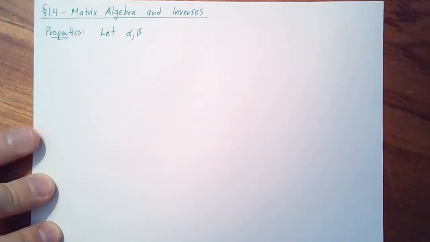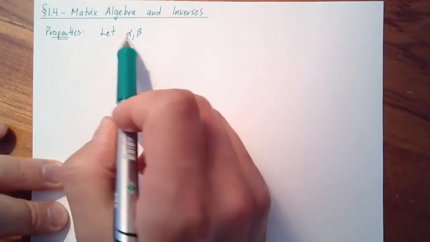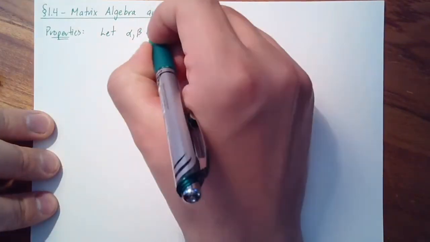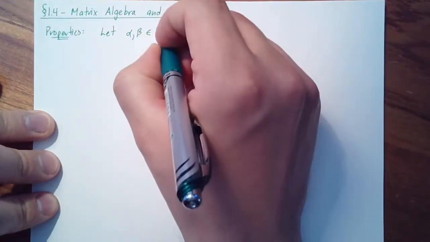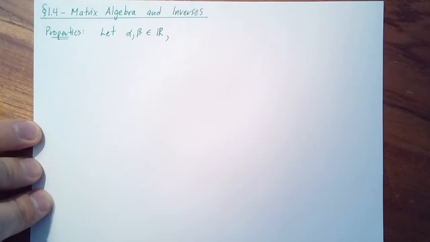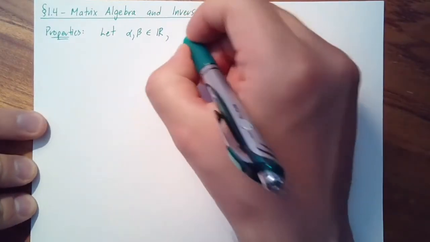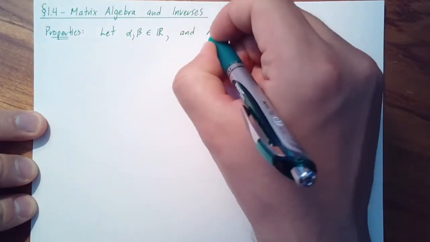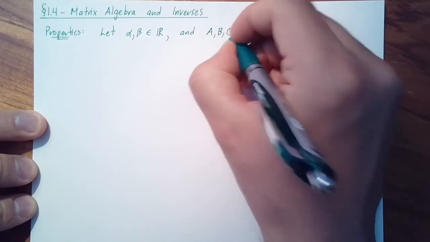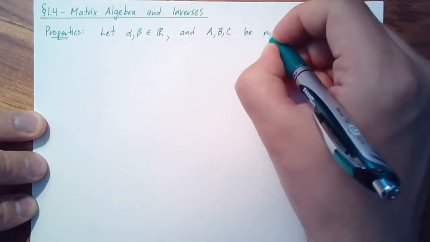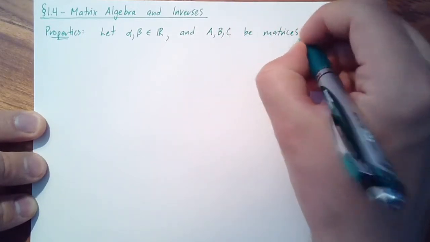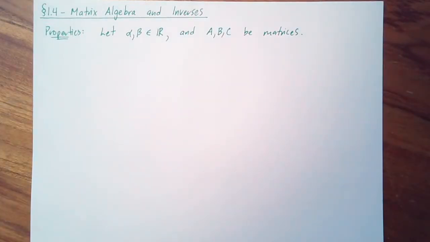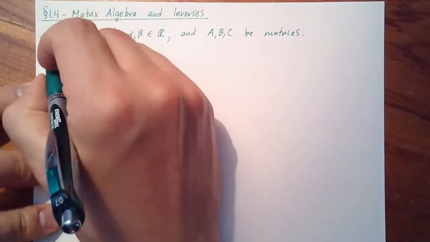I'm going to call them alpha and beta, those two Greek letters. Those are the symbols I use for scalars or real numbers. And I'm going to use capital A, B, and C for matrices. So let A, B, and C be matrices. Okay, so let's start with some properties.